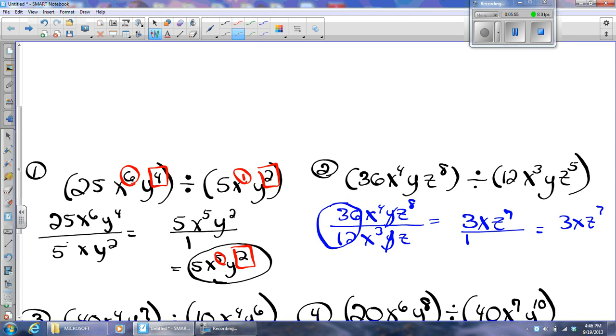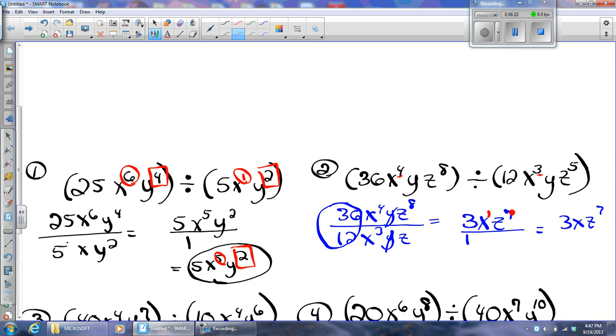I have 4, I have a 3, I have x to the first. The y is canceled. Z to the eighth, z to the fifth. Ooh, I have a mistake there. Danger, Will Robinson. Sorry about that. I do apologize. Where's my eraser? Okay, that z to the seventh, this doesn't look right.